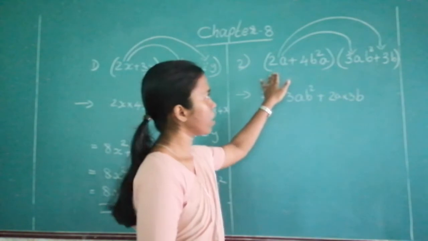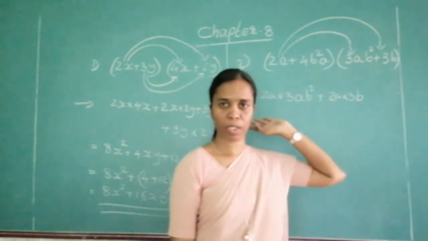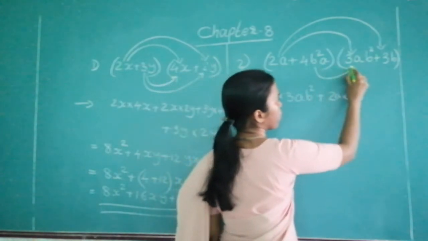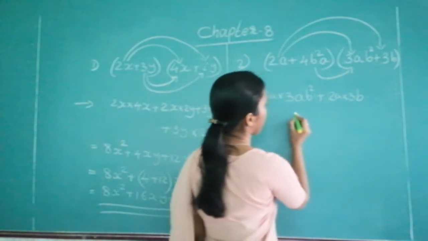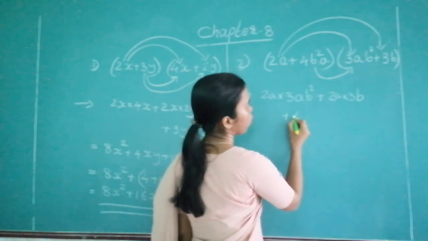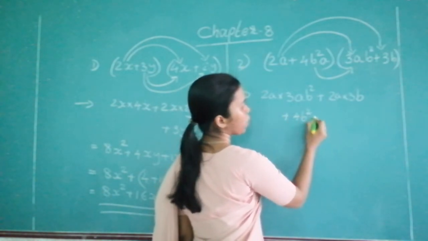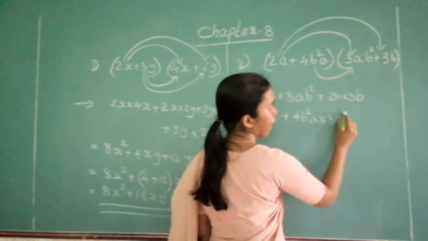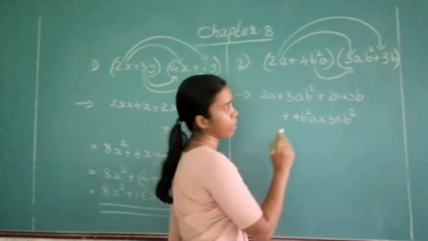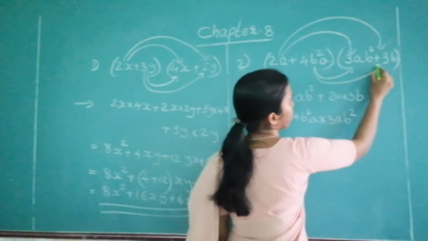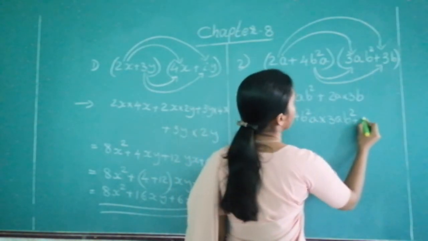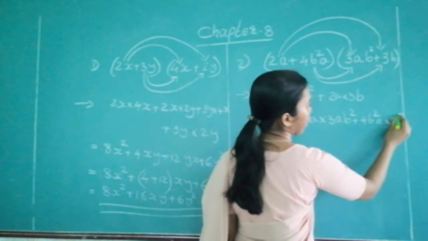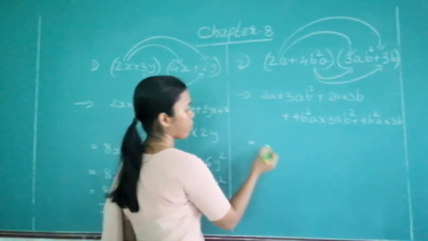Now with the first term we have multiplied both the terms in the second binomial. With the second term, first you multiply the first term. That is, I write over here, plus 4b square a multiplied by 3ab square. Now, with the second term, plus 4b square a multiplied by 3b.